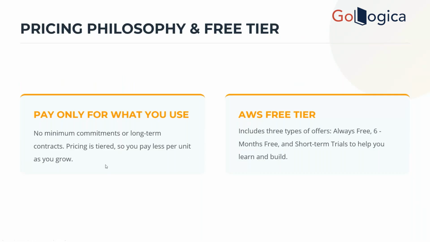So when we say no minimum commitment, it is not mandatory, but there are ways you can commit. For example, I will use 10 servers. You can actually do that, and for your commitments you need to pay less.